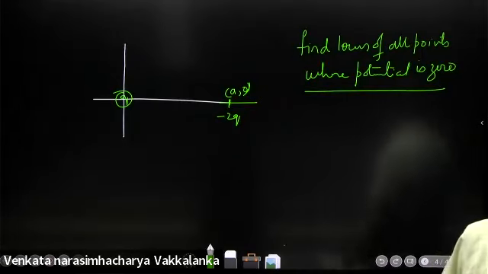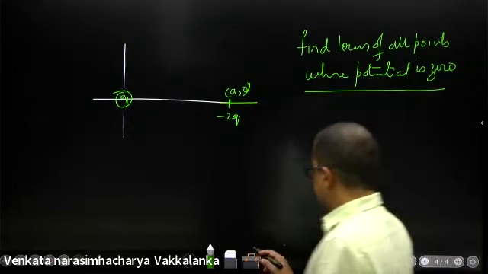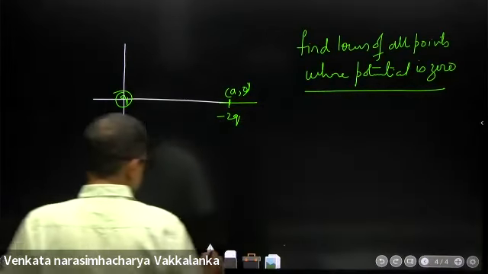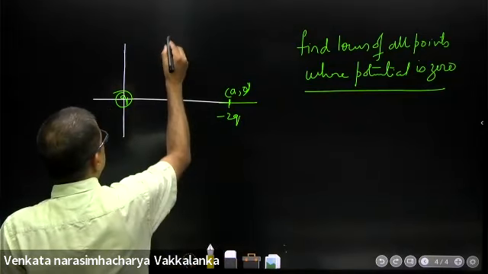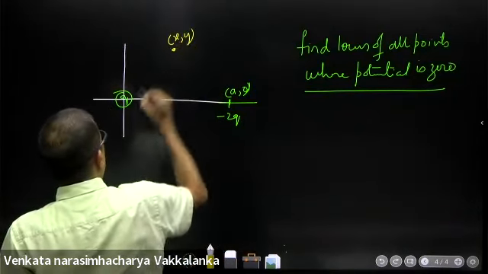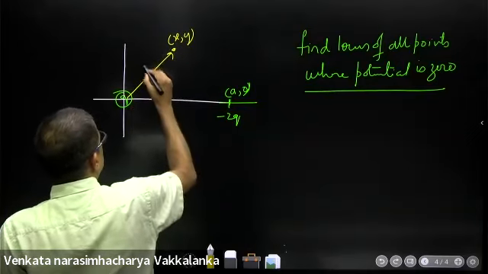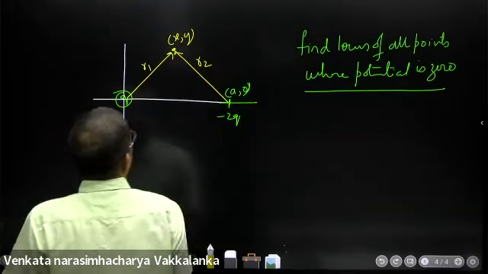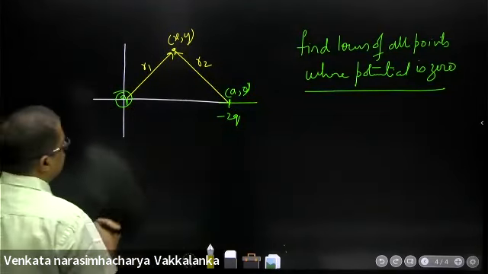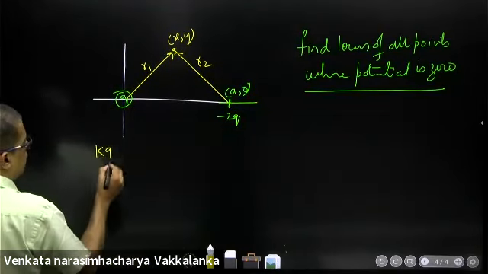Somebody typed it down, so that's right. Take some coordinate x comma y. This will be R1, this will be R2. Now the potential there should be 0.